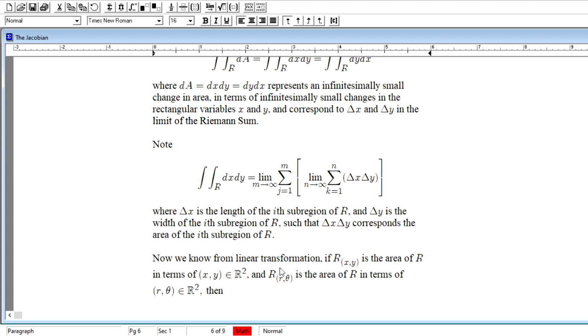Well, it would be just a scalar multiple of the ith subregion of R. So we set that up here this way.